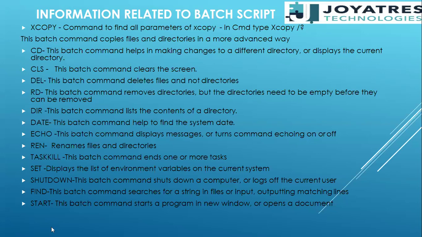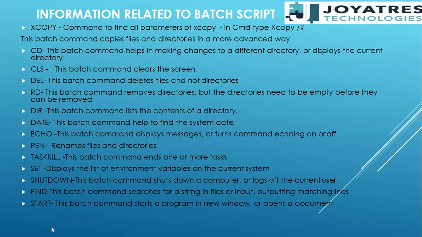Echo command will help you turn on or turn off messages. Like we give echo off in the beginning, so it will turn off. If you want to give any message, then you can give echo on. Ren is going to rename files and directories. Taskkill is going to end the task.